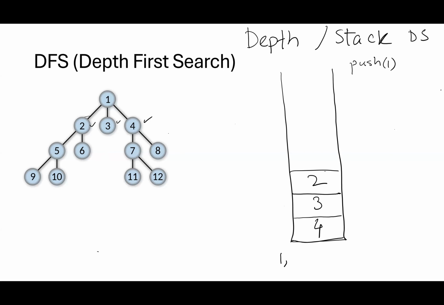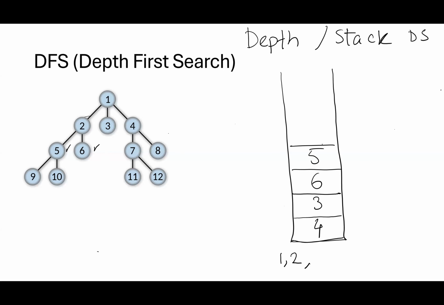Now the stack is not empty, obviously, so we keep on popping. The first thing that we are going to pop is 2, so we print 2. Next we have to push the children of 2, that is 6 and 5. So we push 6 and 5.